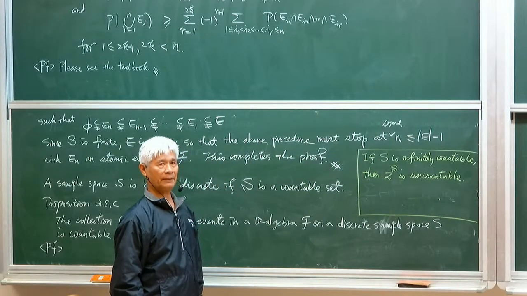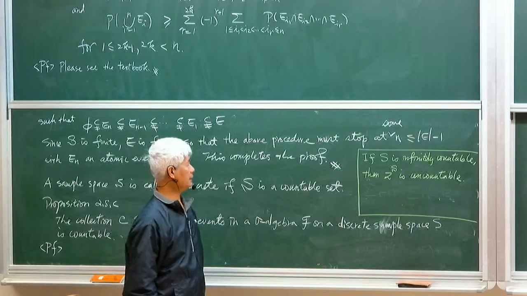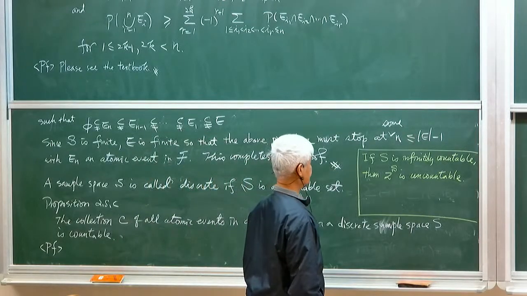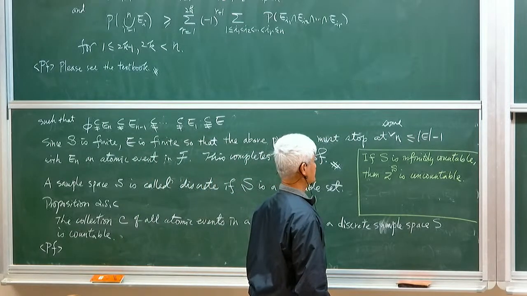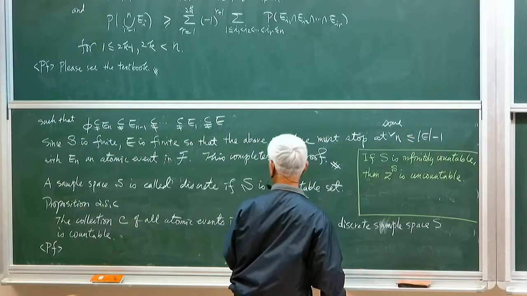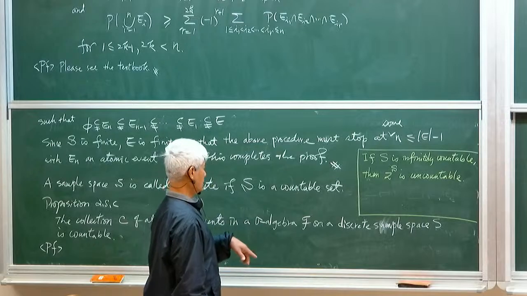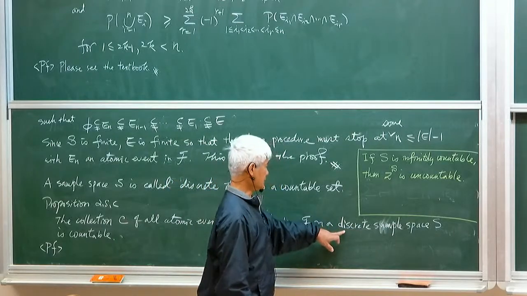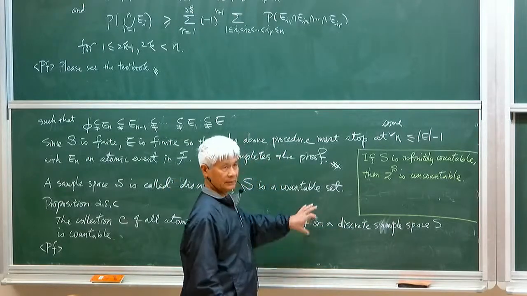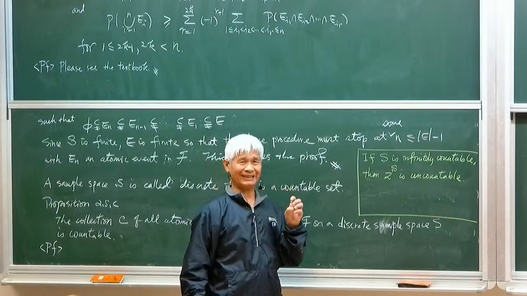So it is possible that when the sample space is discrete, the sigma algebra itself is an uncountable set.